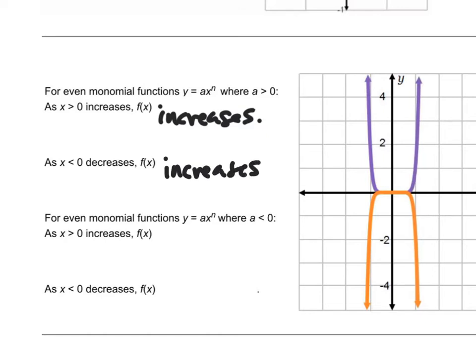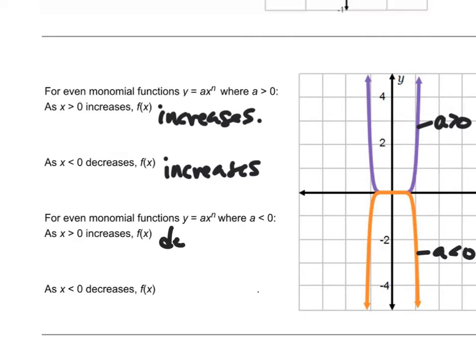So this is when a is positive, so a is greater than 0. Down here, this is when a is less than 0. So if your leading coefficient is positive, that means your graph opens up. If your leading coefficient is negative, then your graph opens down. So as x increases, what happens to your y values? Do they increase or decrease? Decrease.